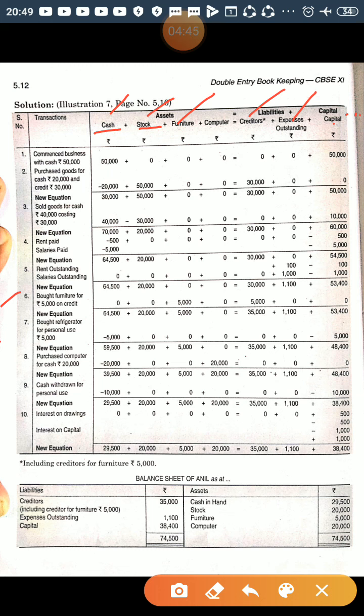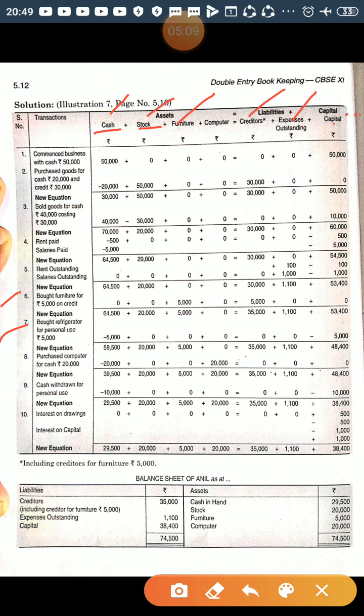Now next, bought a refrigerator for personal use. Two accounts are involved, cash and drawings, because that refrigerator is not for business purposes, it is for personal purposes. If you are purchasing anything for personal purposes, it is treated as drawings.